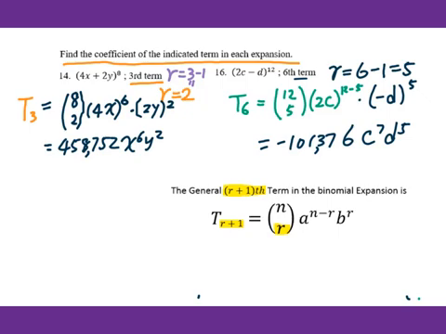The answer will be negative 101,376 c to the 7th d to the 5th power. So the coefficient will be this one.